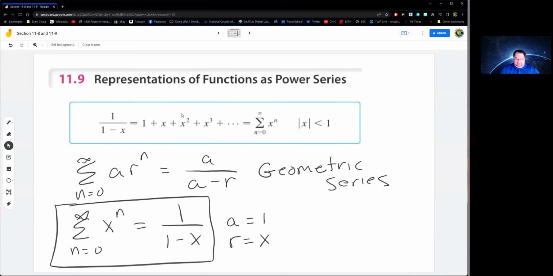No, I'm saying on the sum of ar to the n, if you just think of it as the geometric series. That doesn't always get bigger, though. Remember, it depends on what r is. So in a geometric series, if the absolute value of r is less than 1, it converges. Which is why that's there.